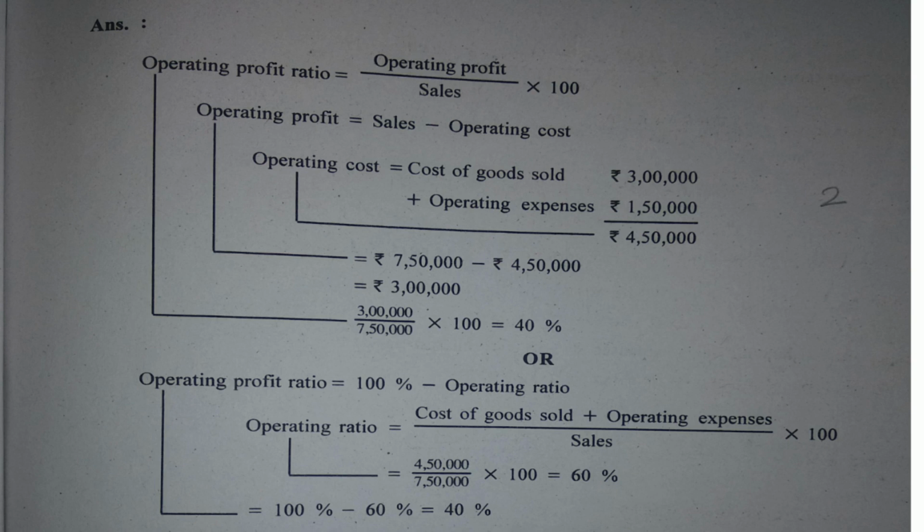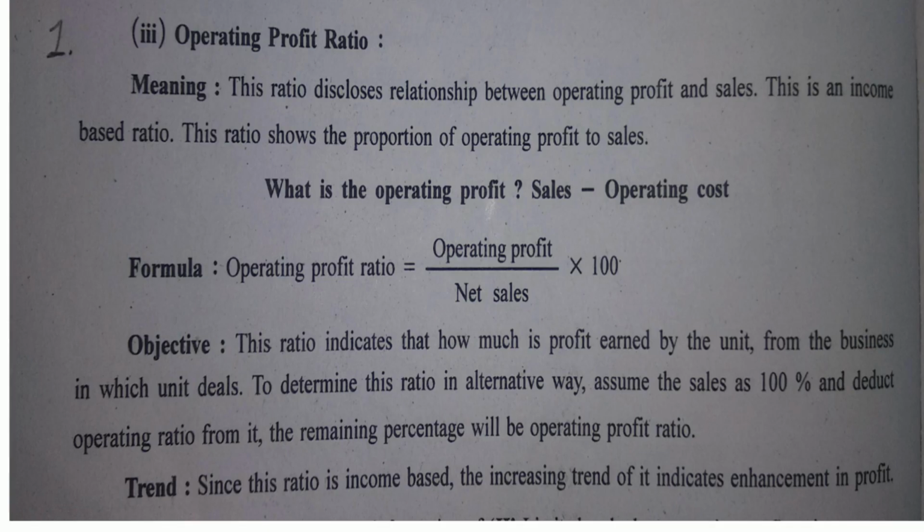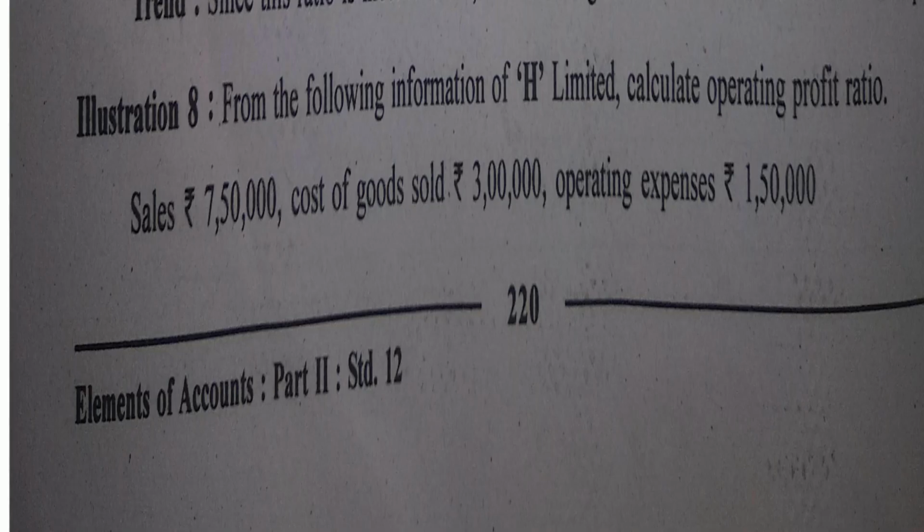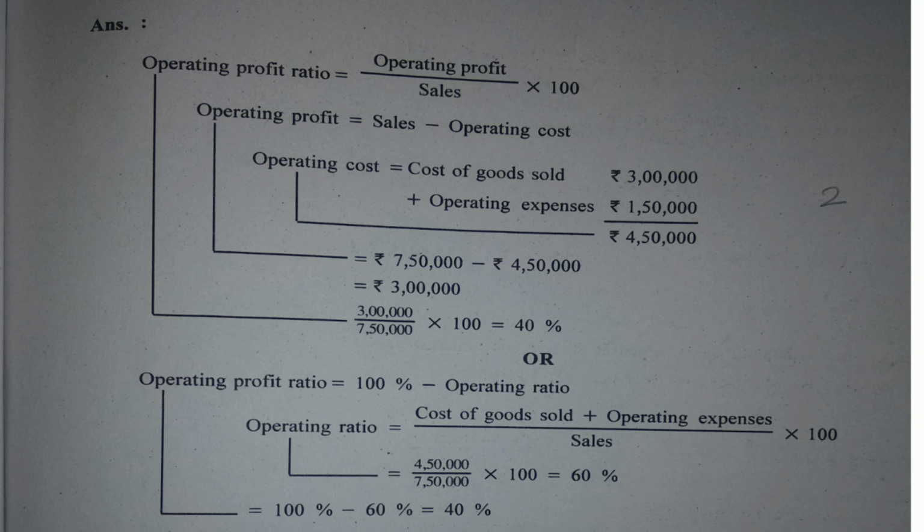You will write down the formula for operating profit first of all. Then you will write down the formula for operating profit ratio. Next, you will write down the formula for operating cost. Then for operating profit ratio again, which is 100% minus operating ratio.